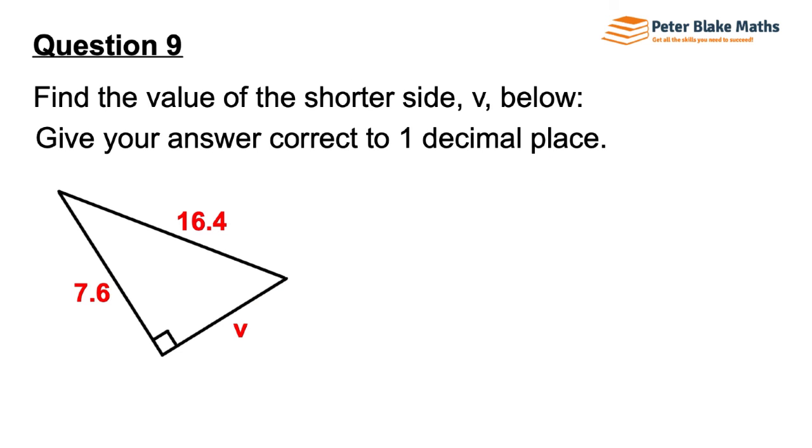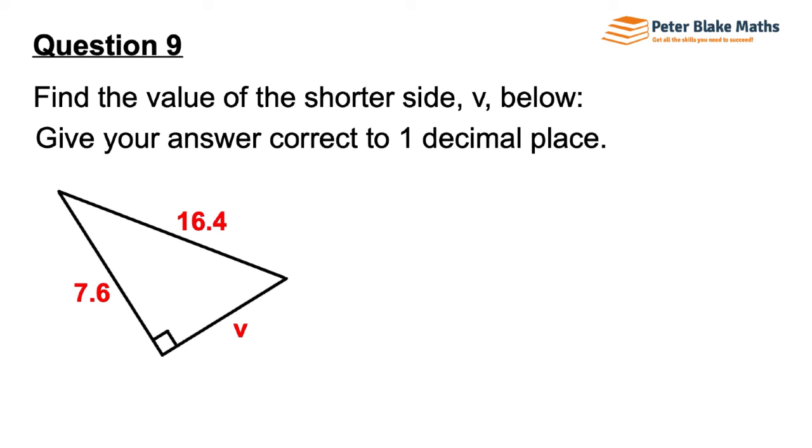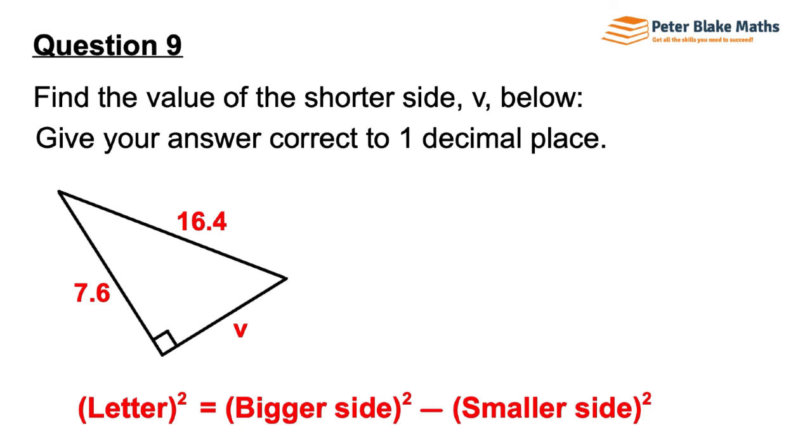Question 9. Find the value of the shorter side v below. Give your answer correct to 1 decimal place. For finding a shorter side, I like to use this setup. We'll have the letter squared equaling the bigger side squared minus the smaller side squared.